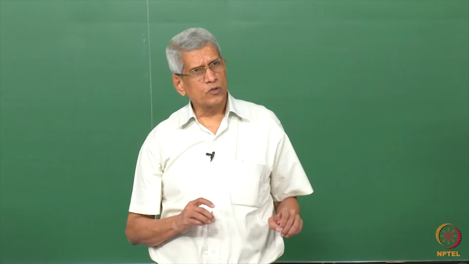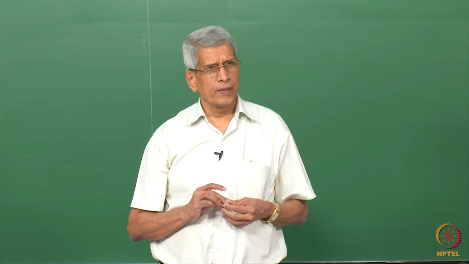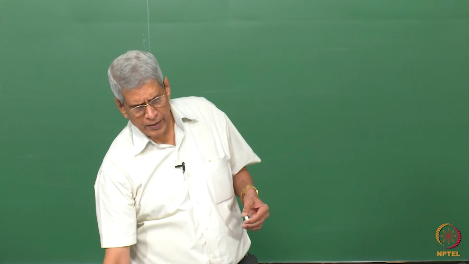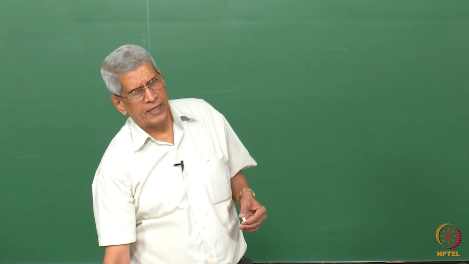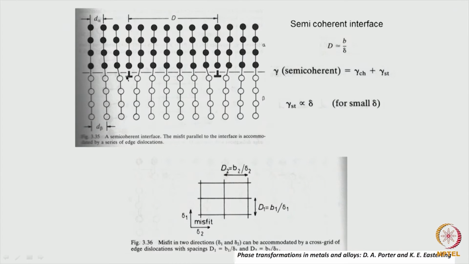And another thing which one should understand is that, as I mentioned, the smaller the delta, what will happen? The distance between the dislocations becomes very large. If the precipitate size is smaller than this, then what's going to happen?